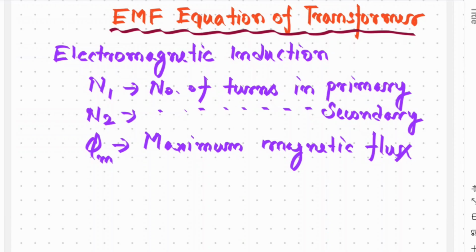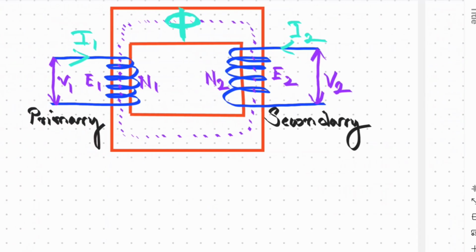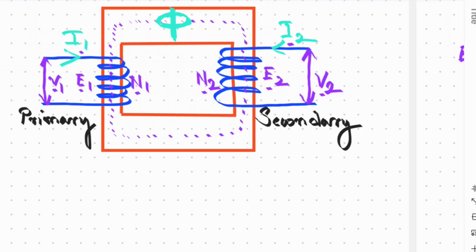So in the principle of operation, this is the diagram of a transformer, a 2D diagram. Here, this is the primary voltage, primary EMF, and this is the primary turns, secondary EMF, and secondary voltage, and this is the primary current, secondary current. This is the primary side, and this is the secondary side.